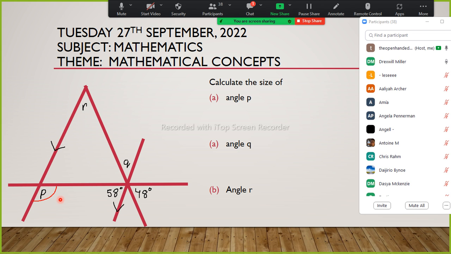I'm not sure though. Wouldn't the angle on the side of P be the same as 58 degrees? And then you would minus from 180 because a straight line is 180 degrees. Why would this be 58? Parallel lines. I'm looking at the parallel lines. I'm not sure if I'm right.